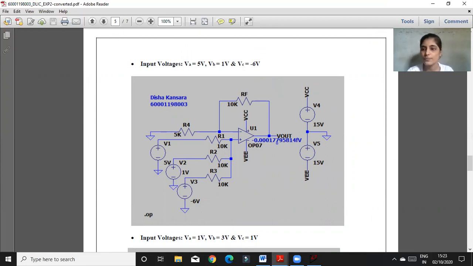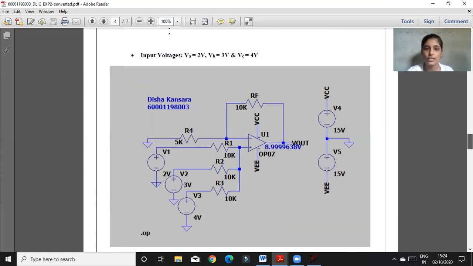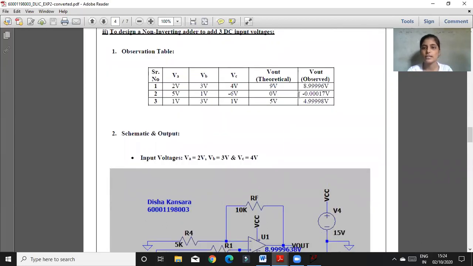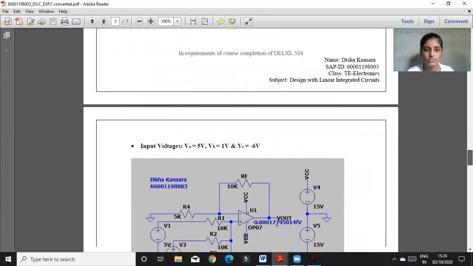My theoretical calculation is 0, and the practical output is minus 0.001, which is approx 0 volt.